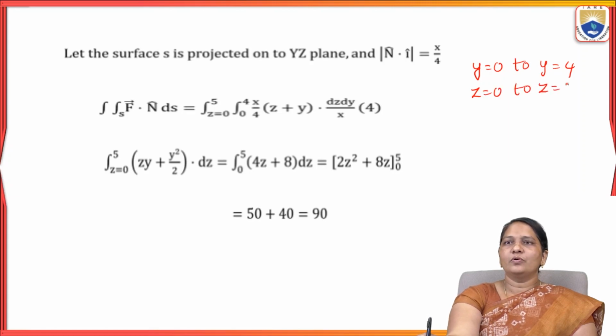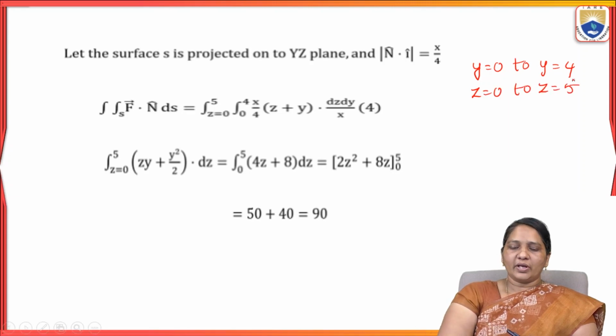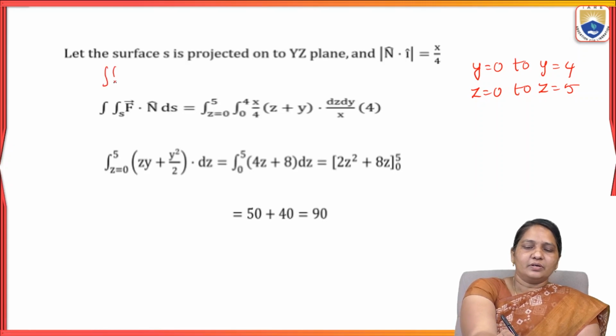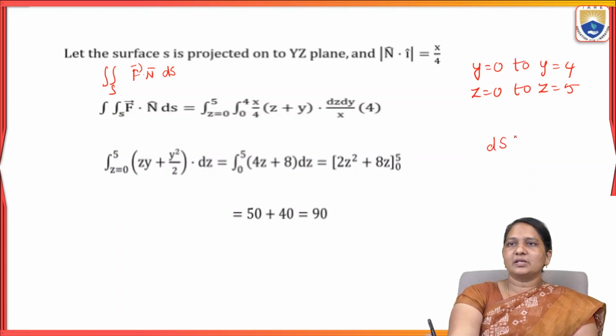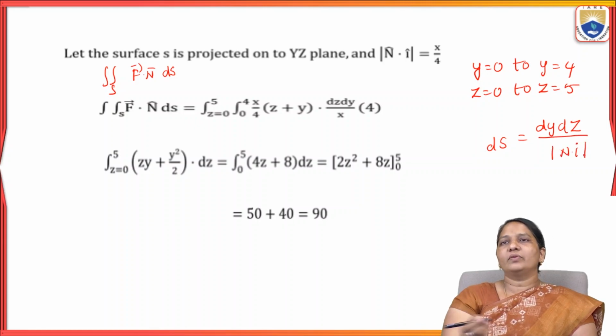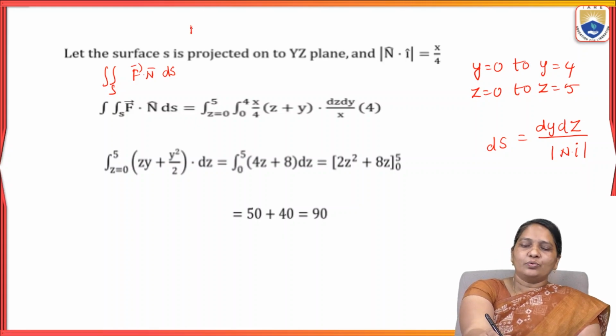So according to the formula, the integral over s of f bar dot n ds, I am taking ds equal to dy dz by the modulus of n dot i. Already I know the n value.